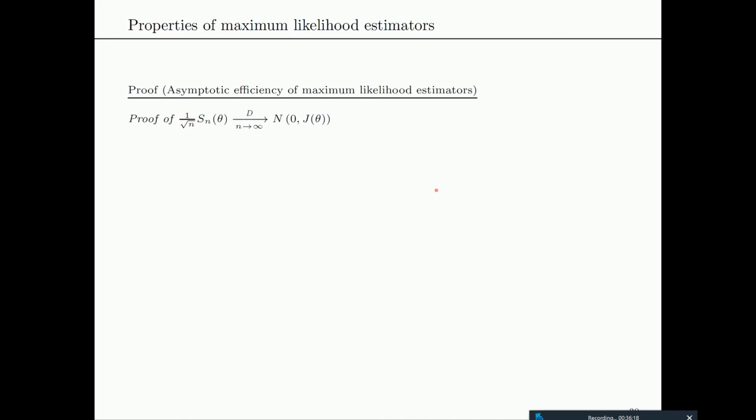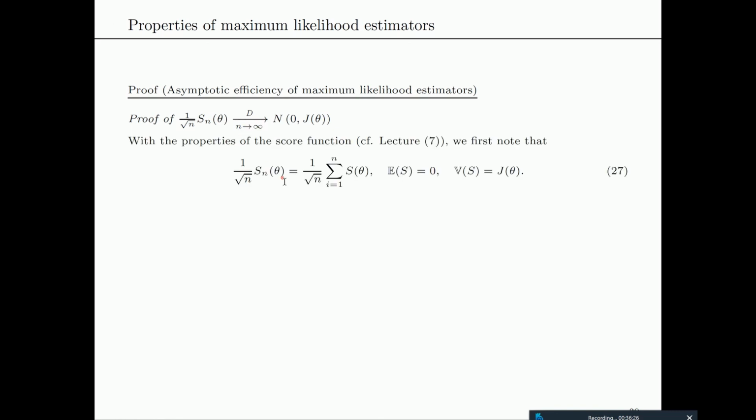So then the next two building blocks are the convergence in distribution of these terms. And they are relatively straightforward, because this is about the score function.